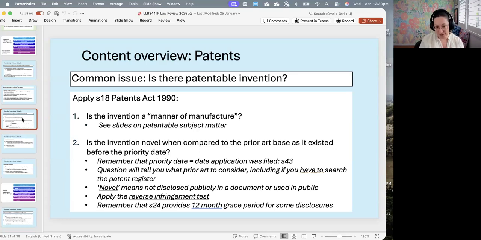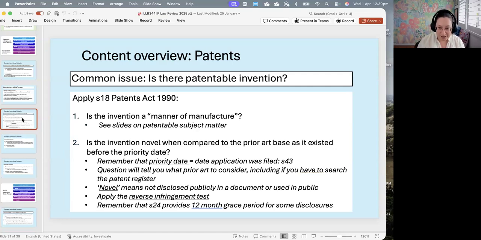And what the patent examiner will look at is: is this invention actually new, actually novel, compared to what we knew as at that date? What has been disclosed already in public or in publicly available documents? Usually this will be in a research article or in a presentation at a public conference, that sort of thing. When we look at what we already knew, is this invention actually novel?